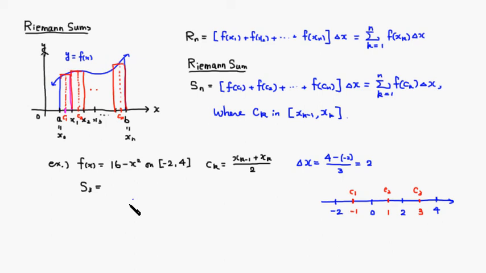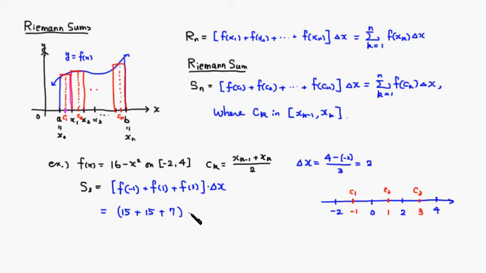So to find the Riemann sum with 3 rectangles, you have f of c1, which is -1, plus f of c2, which is 1, plus f of c3, which is 3, then multiply by delta x, which is 2. So plugging in -1, 16 minus 1 squared is 15, plus plugging in 1, it's another 15, and plugging in 3, 3 squared is 9, so 16 minus 9 is 7.